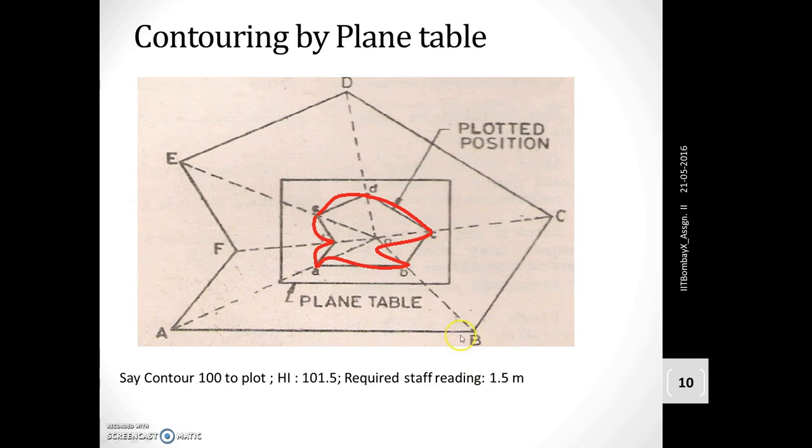We carry out the same process at B. The staff man will be instructed to move near B so as to have a staff reading of exactly 1.5 meter. With respect to the predefined HI of 101.5, point B, when it gives a 1.5 meter staff reading, will have a reduced level of 100 meters, and again OB can be measured by the stadia method, and hence small b gives the exact location of B.